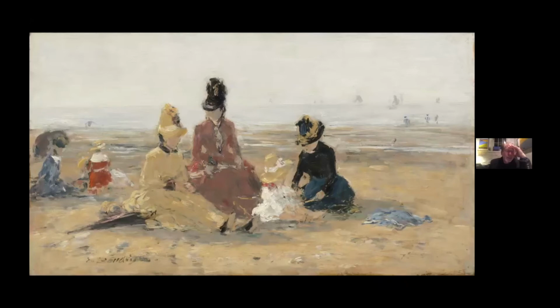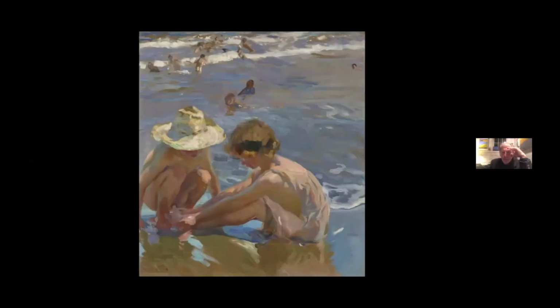This is actually a Eugene Boudin from about the same time. Boudin was a realist, then impressionist, and then he became this person who painted like Manet, like many late 19th century people. This is by Joaquin Sorolla. It's not one of my favorite paintings.